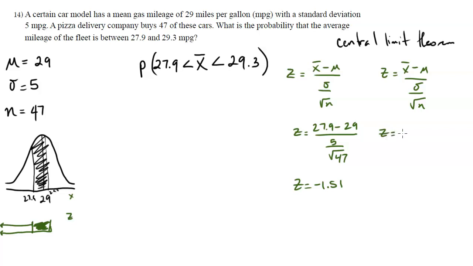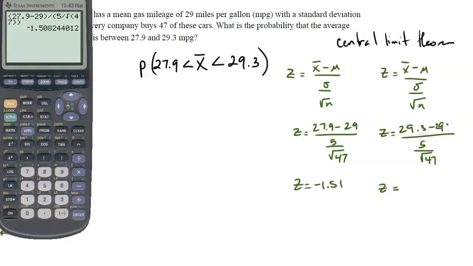And I'll do the other one at the same time. This x bar value is 29.3, minus 29 over 5 over the square root of 47. I'm just going to hit second, enter, to re-input that first one, and then just change that to 29.3.